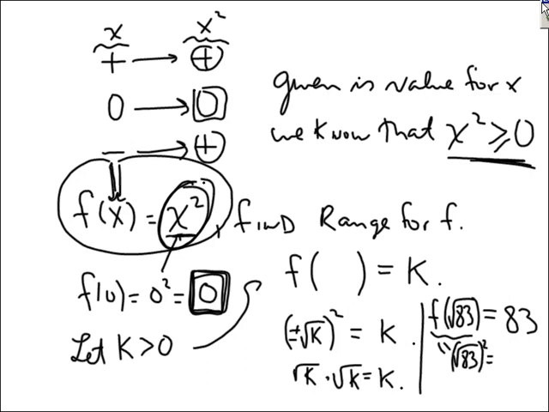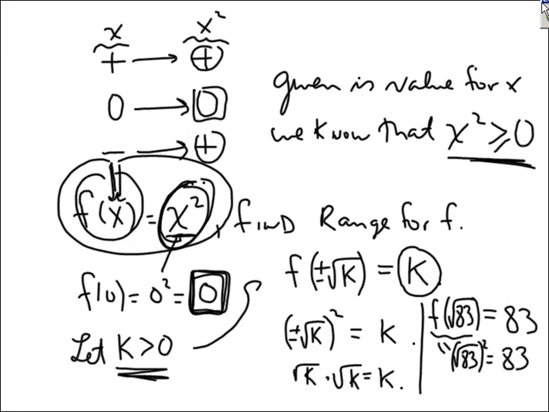That is the square root of 83 times the square root of 83. And we get 83. No matter what K is, as long as it's greater than or equal to 0, I can take f of two values that give me K. That is, not only will f of x always be positive or 0, it can take on all positive numbers.